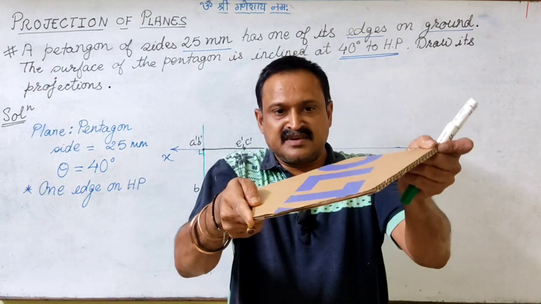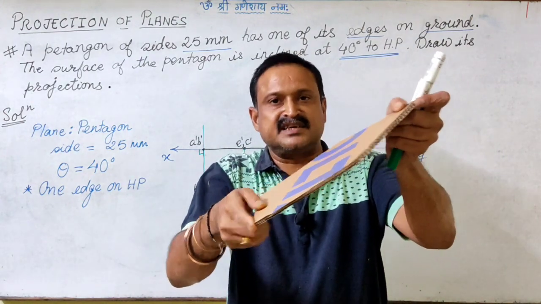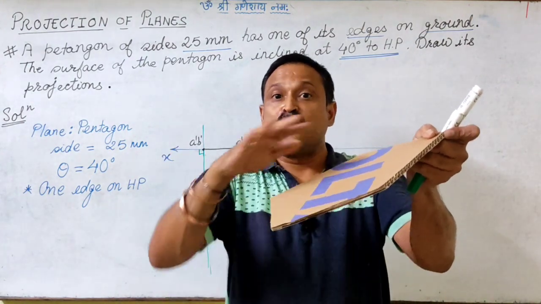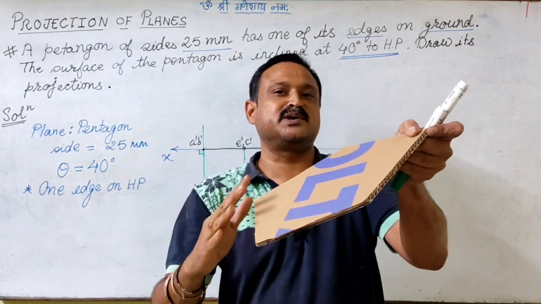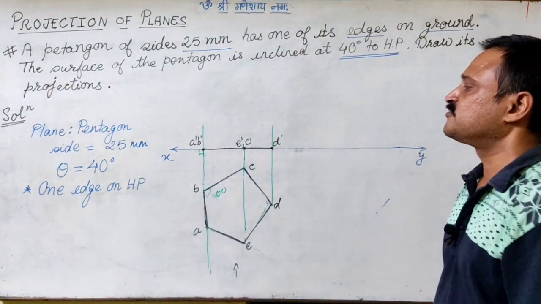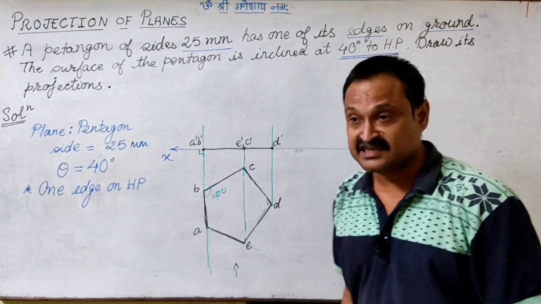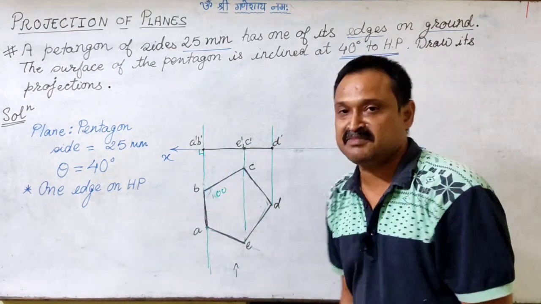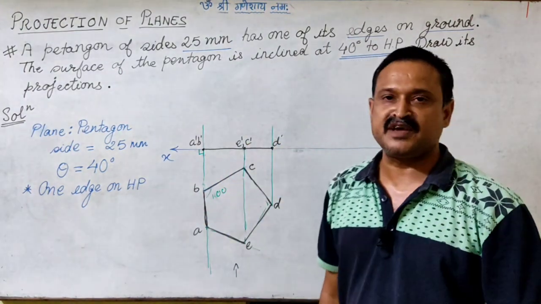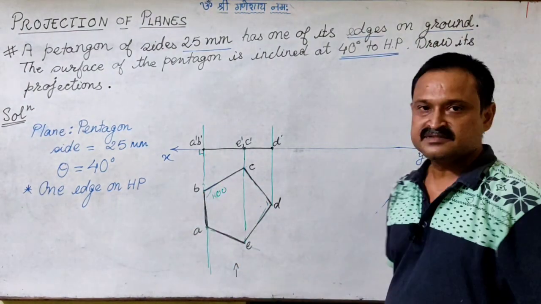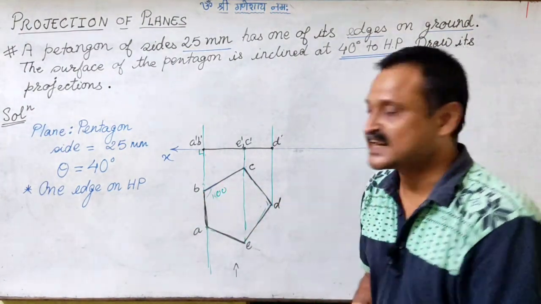So when we are giving this inclination, the trace length is not going to change, only its orientation is going to change. Now in case of projection of planes, we don't superimpose the images in the same figure, rather we move ahead. So we separately draw the second condition.